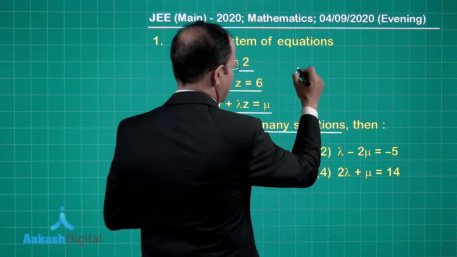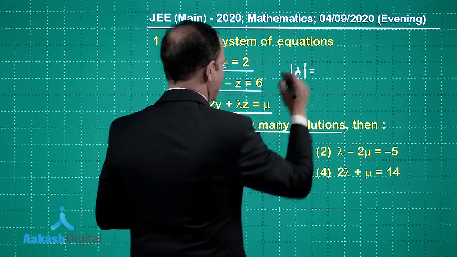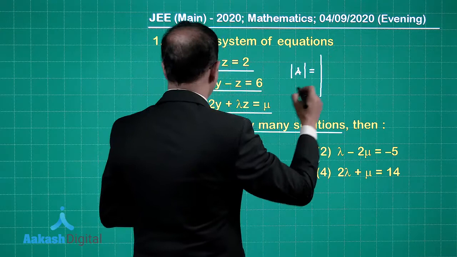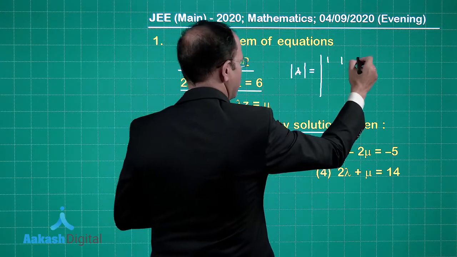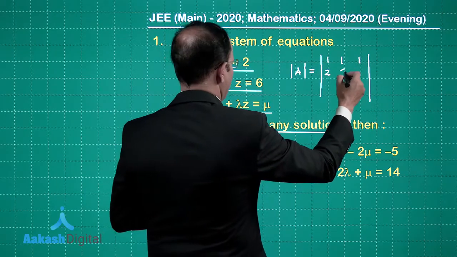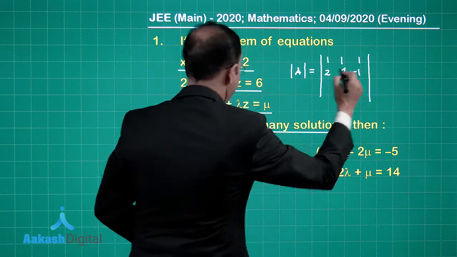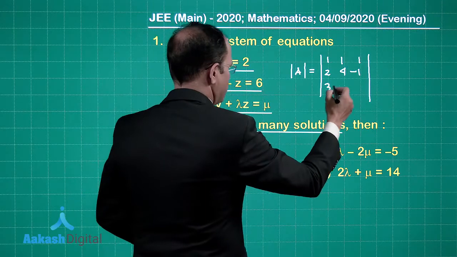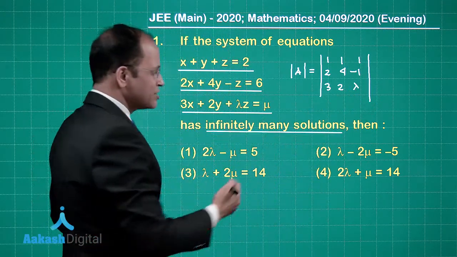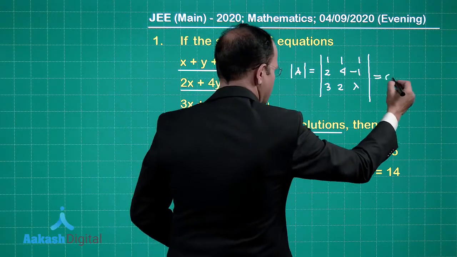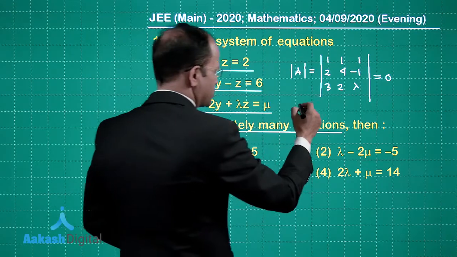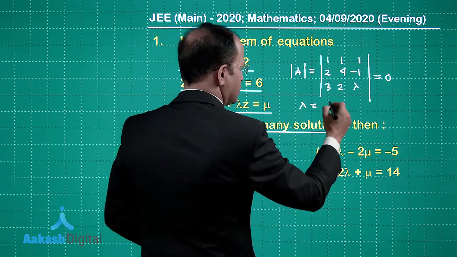Let me take the coefficient matrix as A. So this is nothing but we have 1, 1, then 2, 4, minus 1, then 3, 2, and this is lambda. Now this has infinitely many solutions, that means the determinant is coming out to be 0. So once you solve this simple determinant equation, lambda will come out as 9 upon 2.